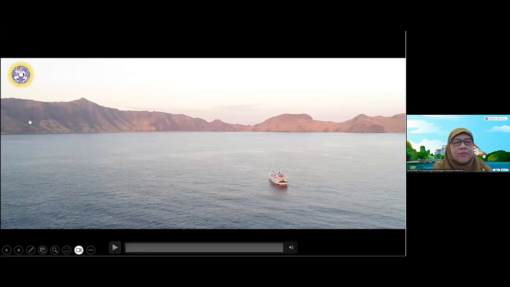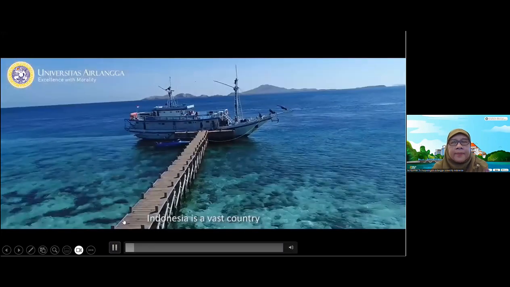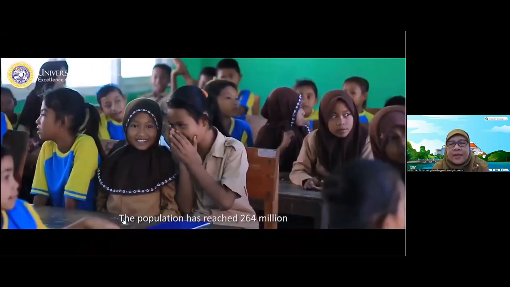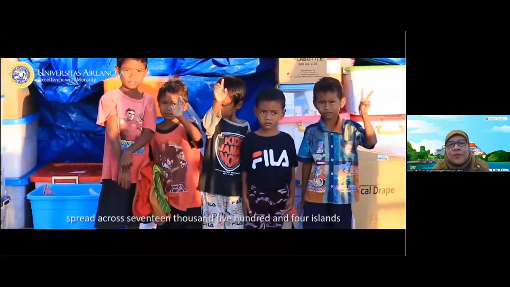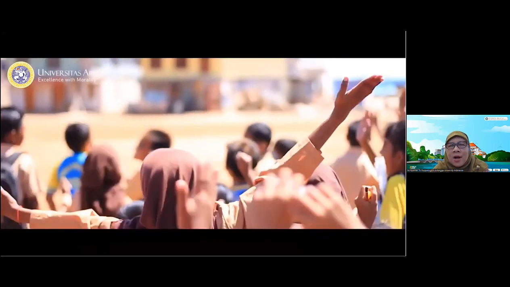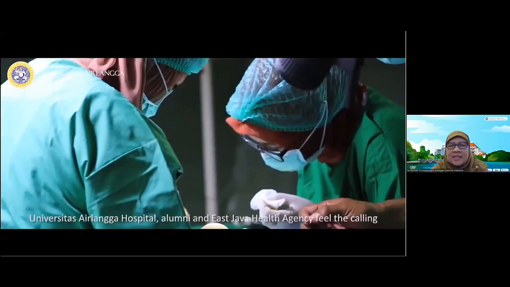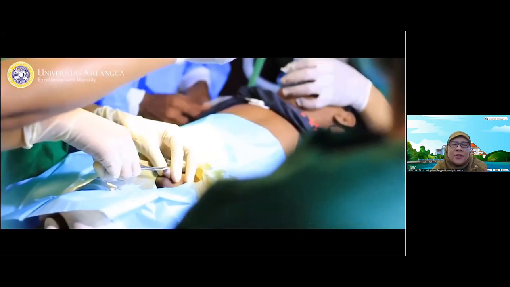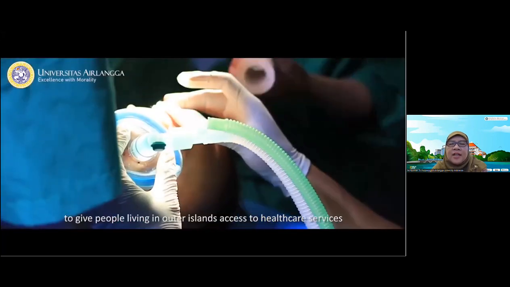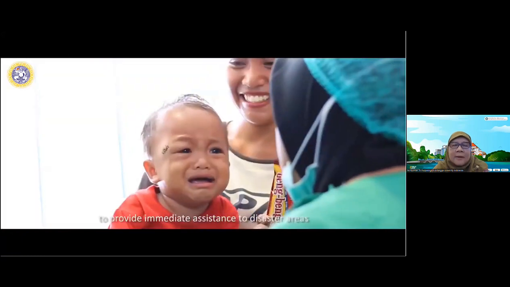So this is one of the floating hospitals that we have. This kind of floating hospital will reach the remote island areas in Indonesia to achieve SDGs number 1, number 2, number 3, also education, inequality, green economy, blue economy, so many things because they have natural resources in the marine area.